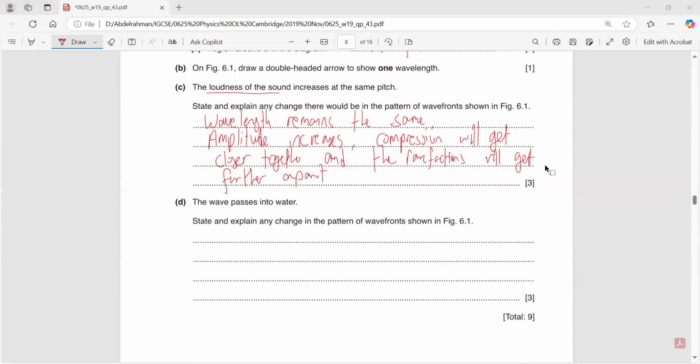The wavelength will increase, so they are more spread out. Let's say that the wave fronts are more spread out.